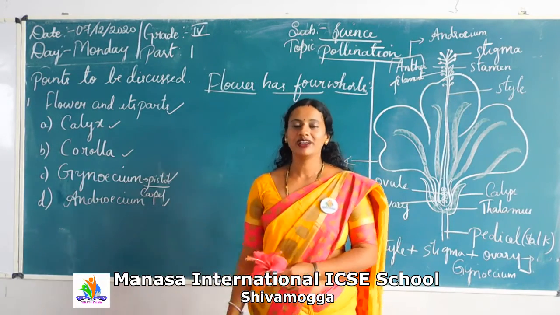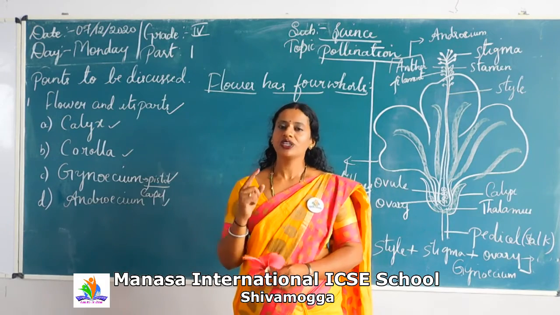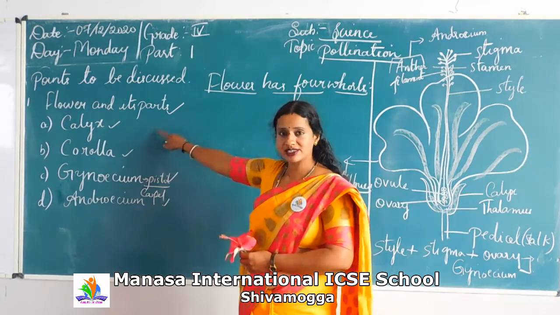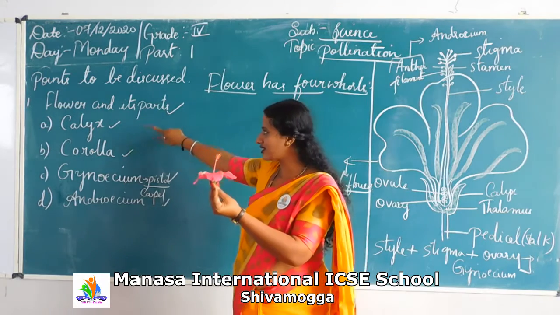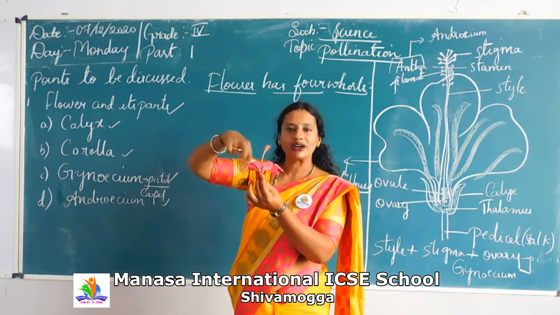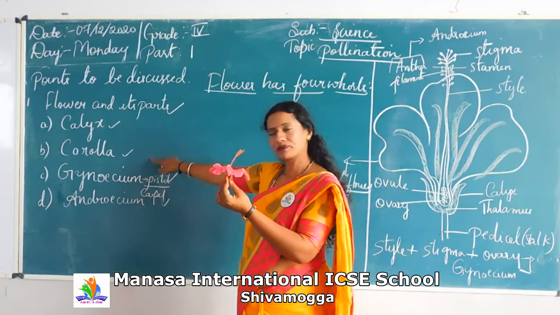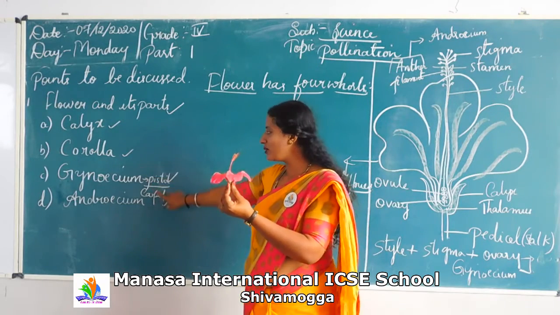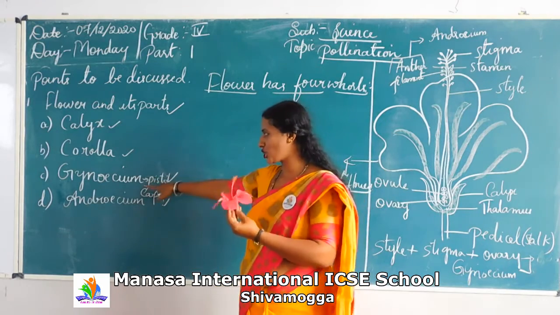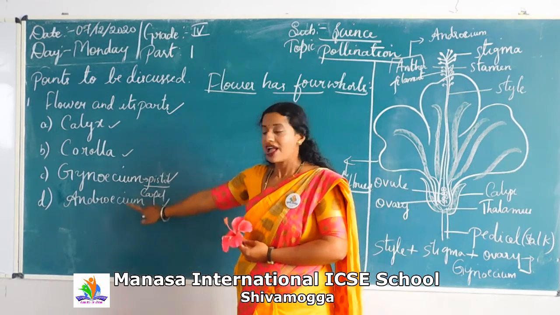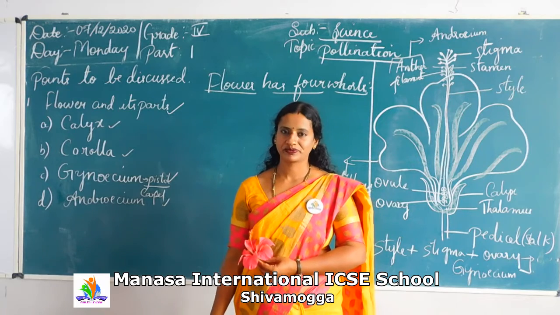I'll repeat slowly because these words are very new for you. The first whorl is the calyx, a green cup-like structure. The colorful petals are known as the corolla, right? The female reproductive part is called the gynoecium, and the male reproductive part is called the androecium.